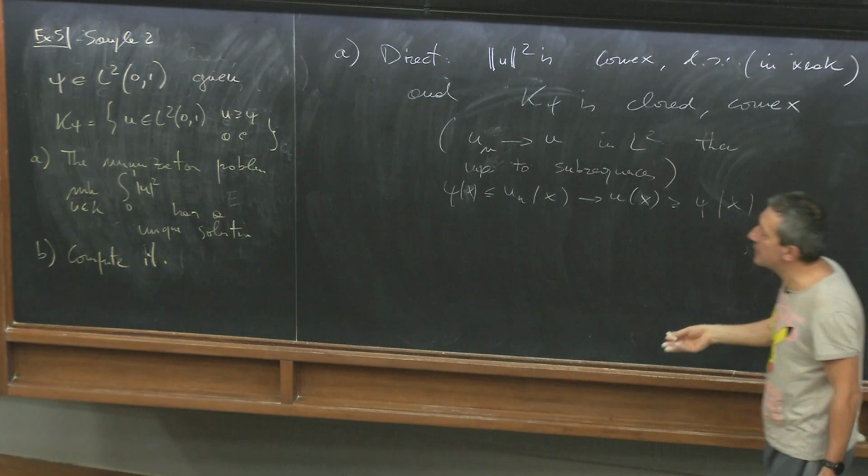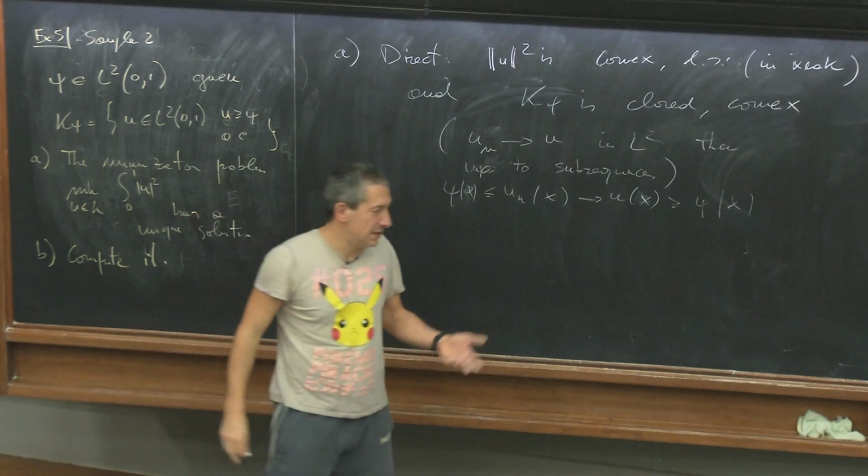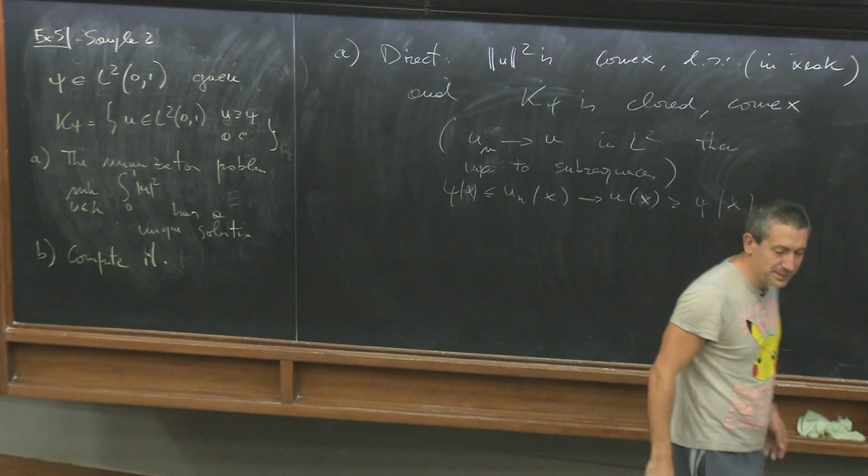And convex is trivial because the convexity leaves the inequality invariant.